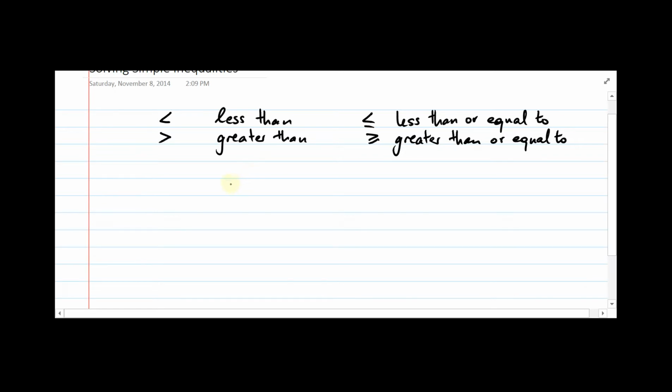It is true, if we look at the following statement, 3 is less than, say, 8. This is a true statement. Now, let's ask the question, suppose I add 6 to each side. So if I add 6, then I would have 3 plus 6, and 8 plus 6, and I'm asking what happens to this statement?